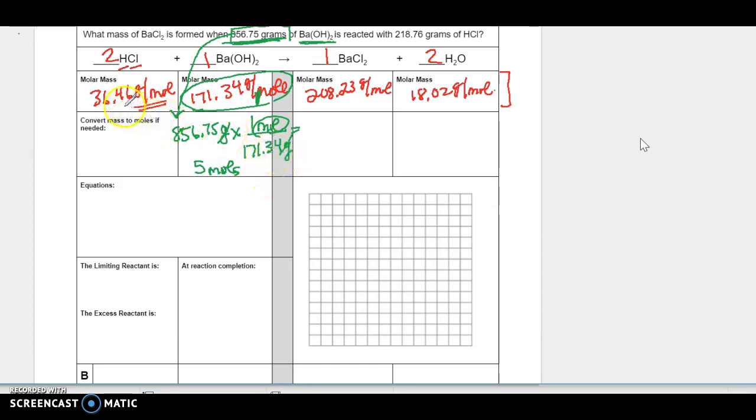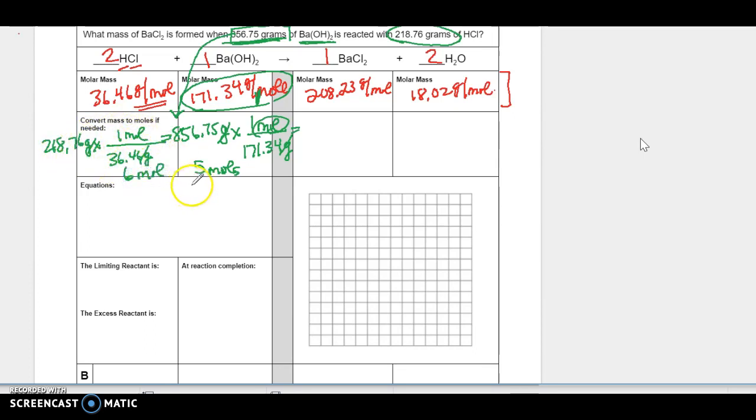We also need to check the HCl because it tells me how many grams of HCl react, because I have to decide which one's going to be my limiting reactant. For this one, same thing. The grams has to go on the bottom and 1 mole on the top so that I can cancel that and find out how many moles this is. So 218.76 divided by 36.46 is 6 moles.